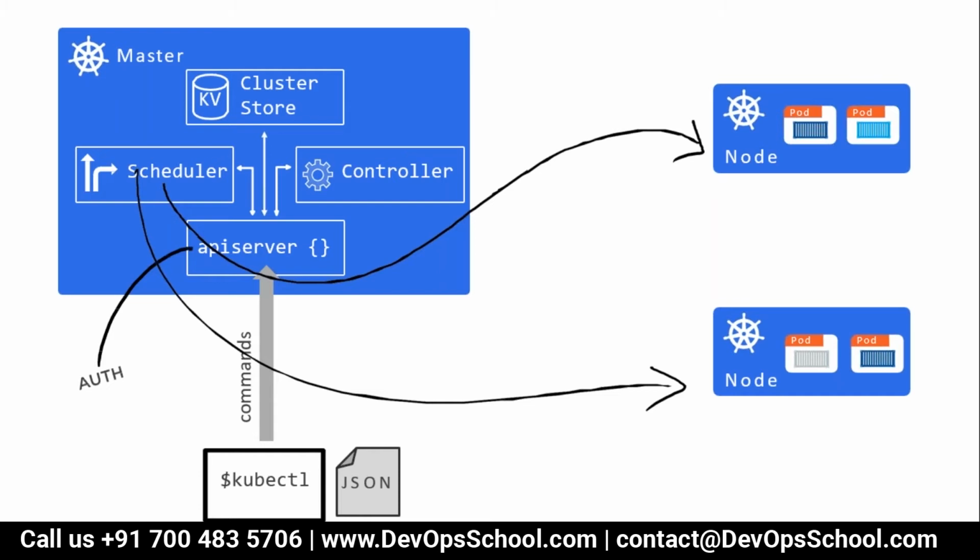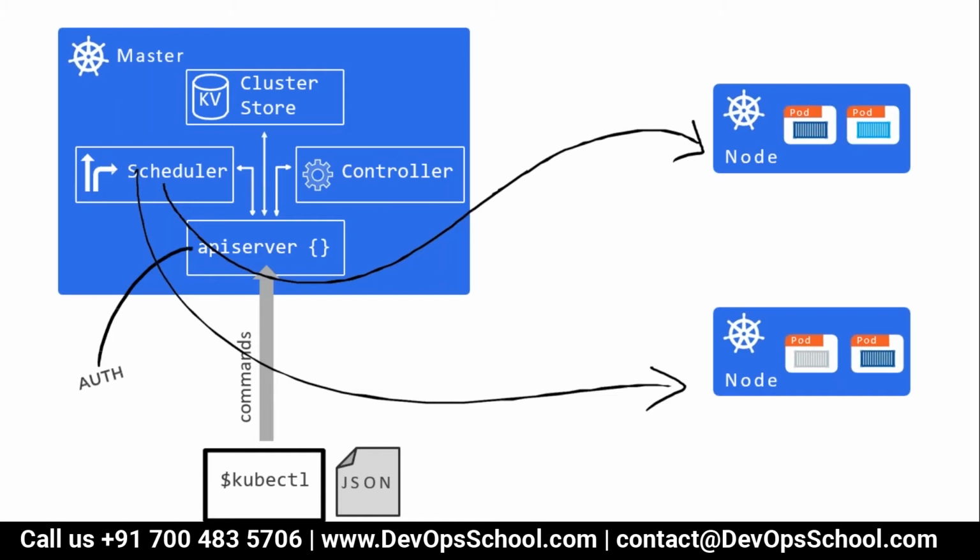But converting between YAML and JSON takes not even a second. It's very lightweight and very fast. Kubectl will do that, and kubectl will talk to the API server with the package you have written in JSON or YAML.